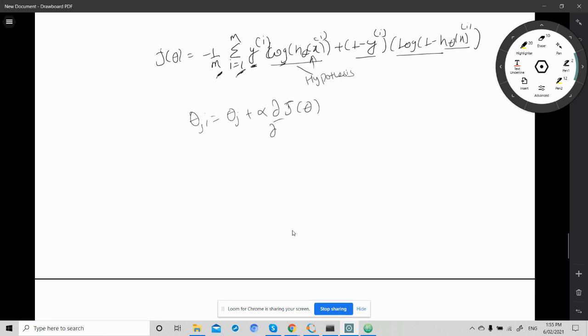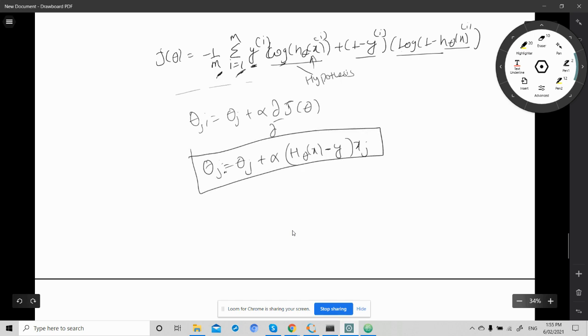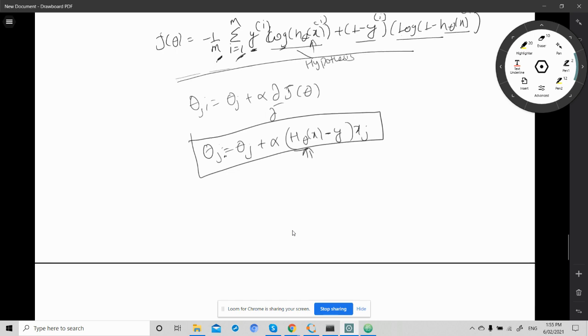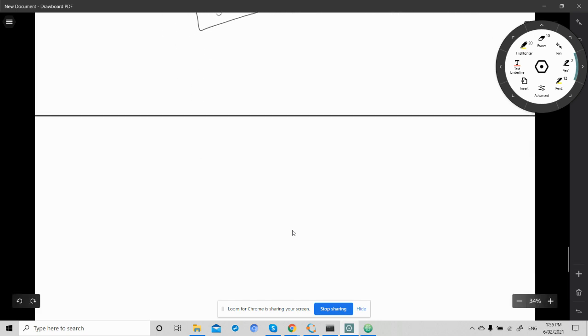So if we do a derivative of this equation, then we will get something like h theta of x minus y with respect to x j. This is similar to the equation that we got from linear regression. So let's do the derivative from scratch.